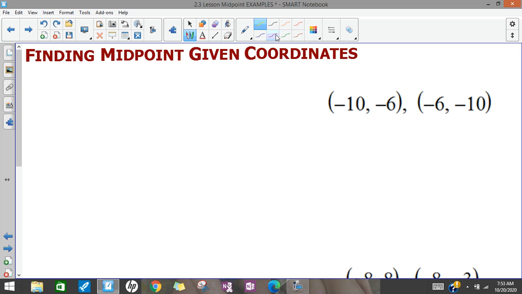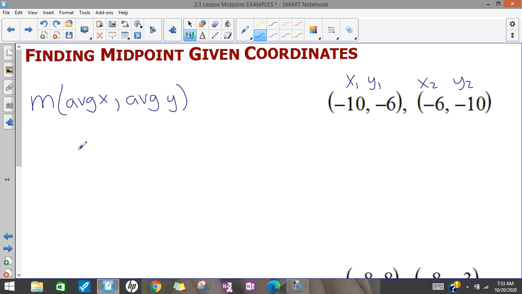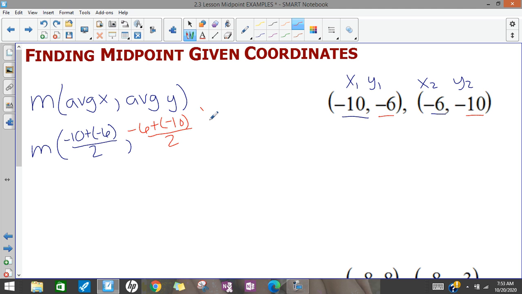And so we can do the same thing even if we don't have a picture. We're just going to average the x's and average the y's. So my x's are negative 10 and negative 6, so I'll add those together. Divide by 2 because there's two numbers. There's my y's. Add those together. Divide by 2 because there's two numbers.